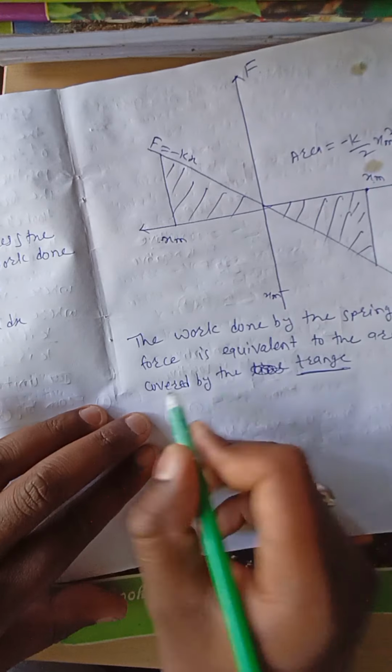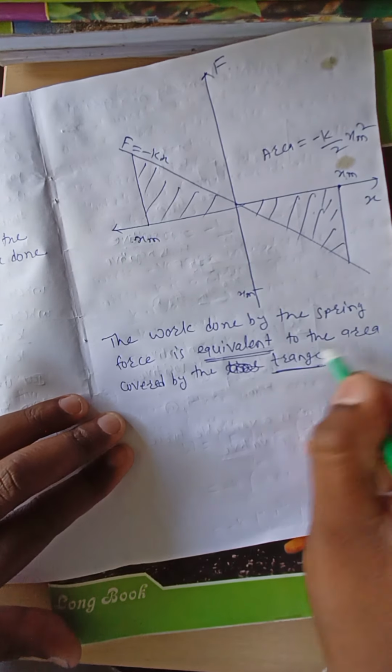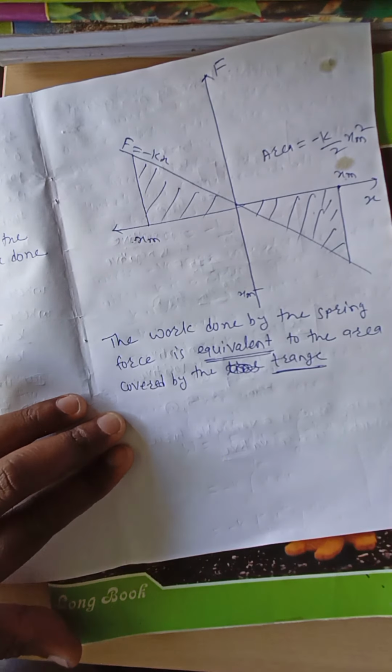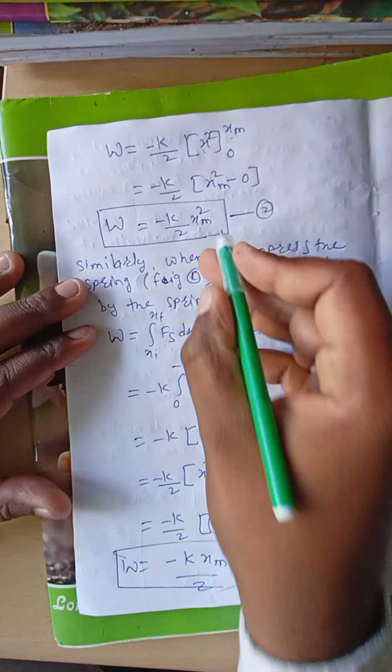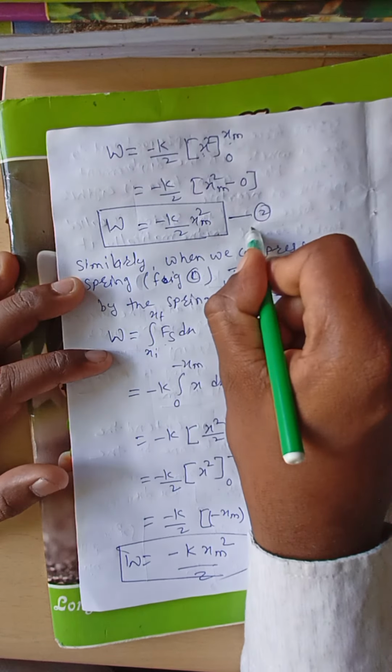From that, the work done by the spring force is equal to the area covered by the triangle as shown in figure D. This is the work done when the spring is extended, this is the work done when the spring is compressed, and the work done by a spring force is equivalent to the area covered by that triangle.